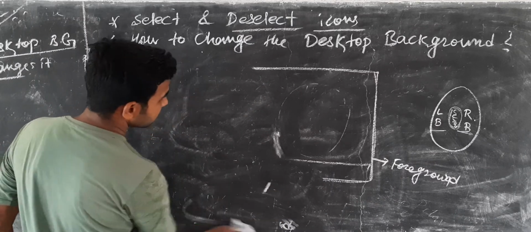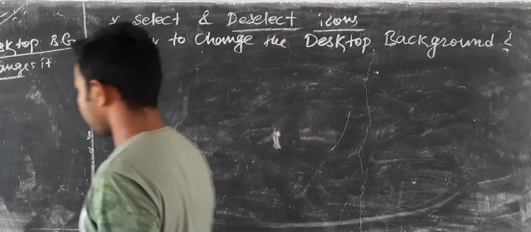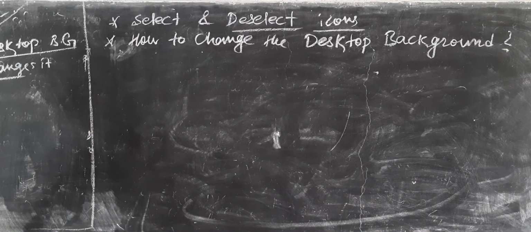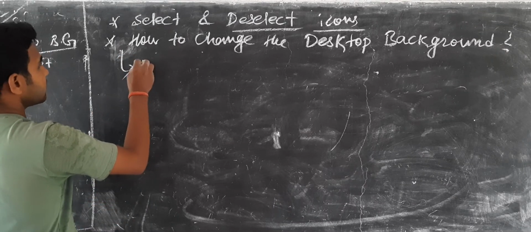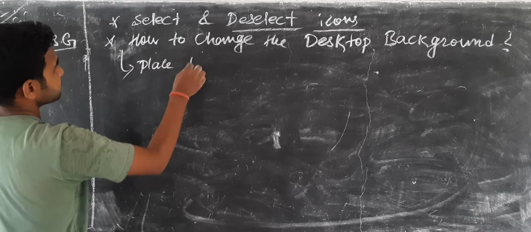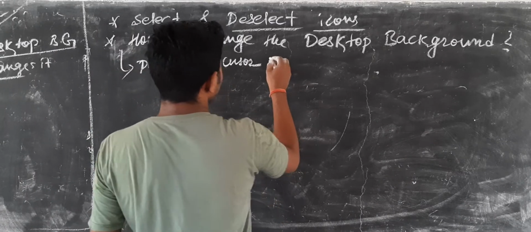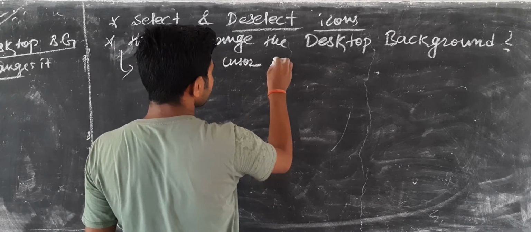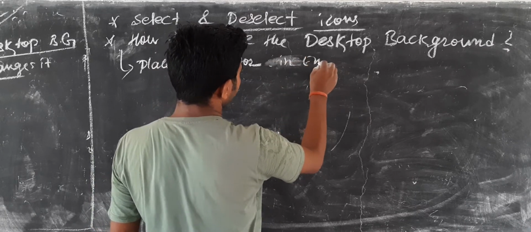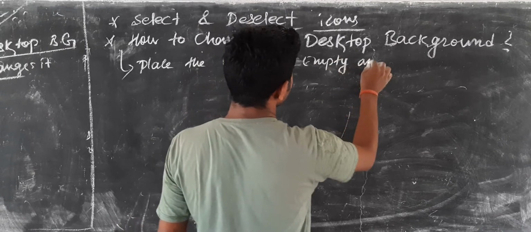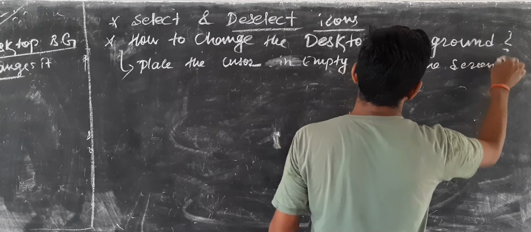So these are the steps of changing the desktop background. First of all, place the cursor in an empty area of the screen.